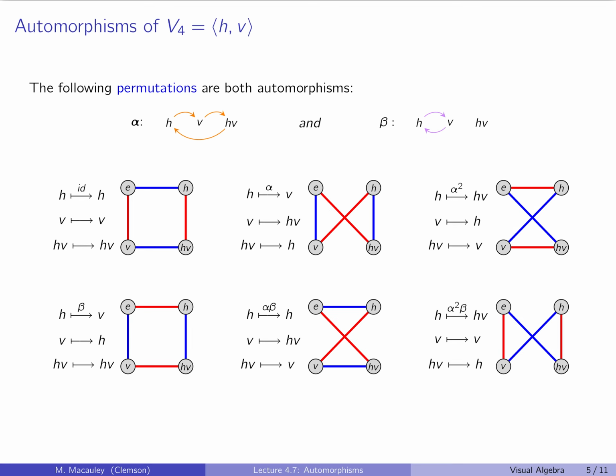So when you apply beta to this, that is alpha beta, the H path red-blue is going to swap with the V path blue. So in alpha beta, there'll be a blue path from E to H, and then there will be a red-blue path from E to V, and indeed red-blue goes from E to V.